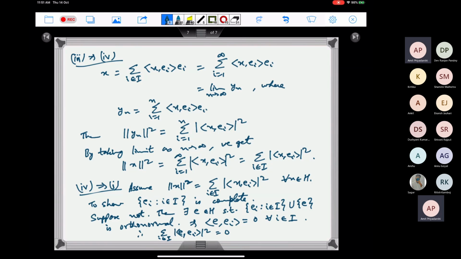This is equal to 0. But we are assuming that this has to be equal to norm of x squared. So this is not equal to norm E square, because norm E is equal to 1. So this means that we don't have this Parseval's identity true for this vector E. So therefore, we must have that this is complete.